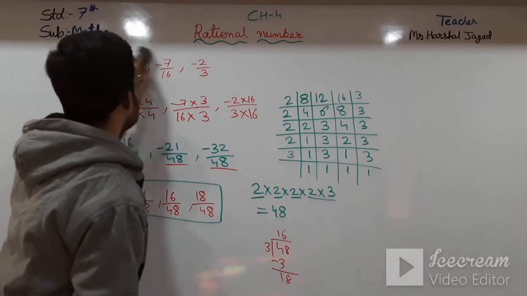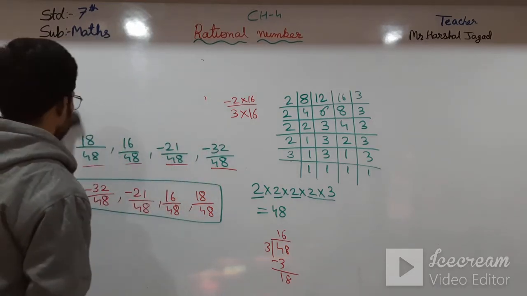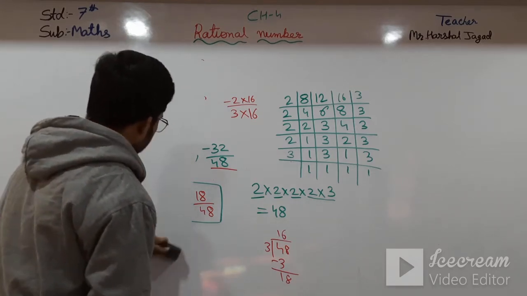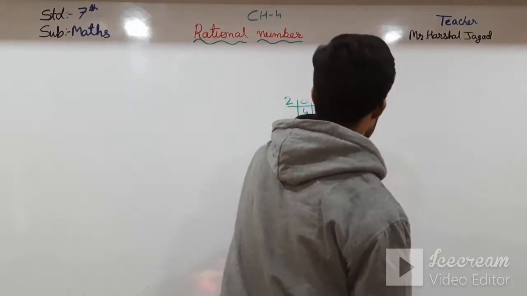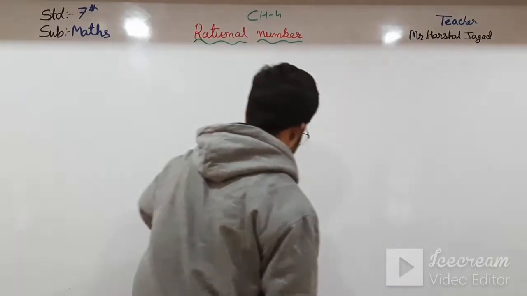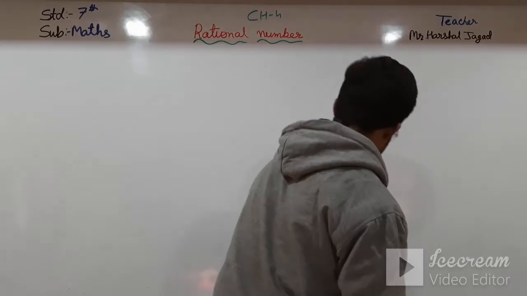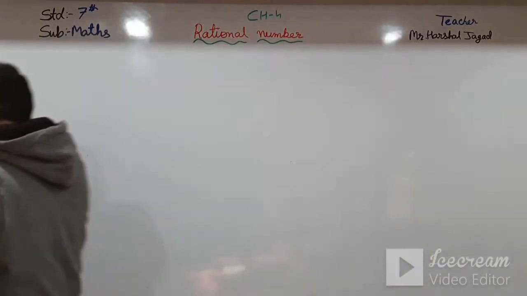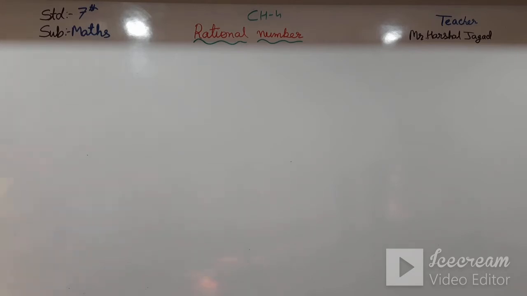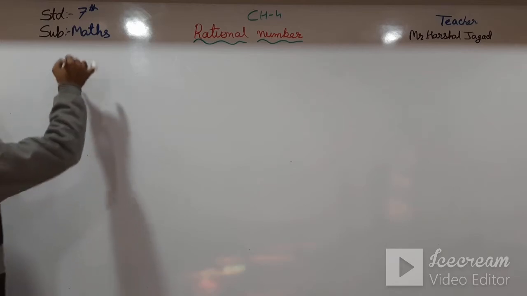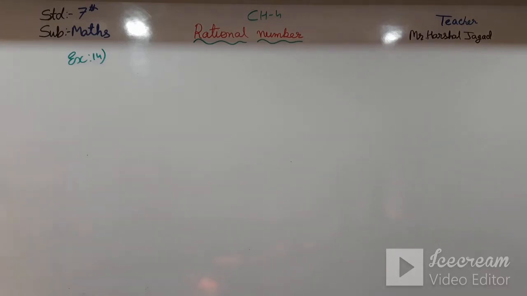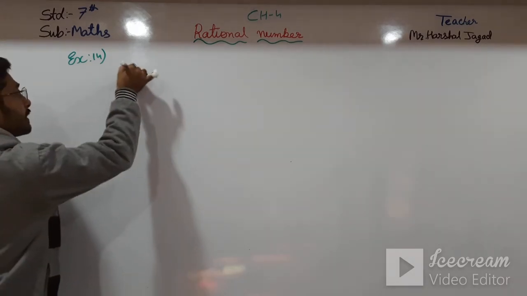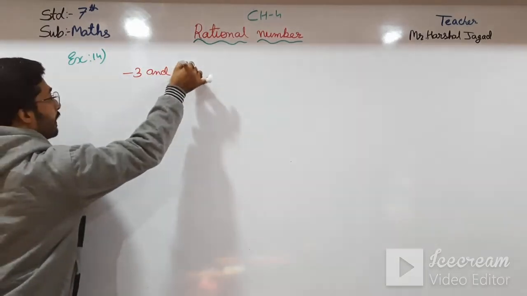So example number 14, we have to find three rational numbers between minus 3 and minus 4.